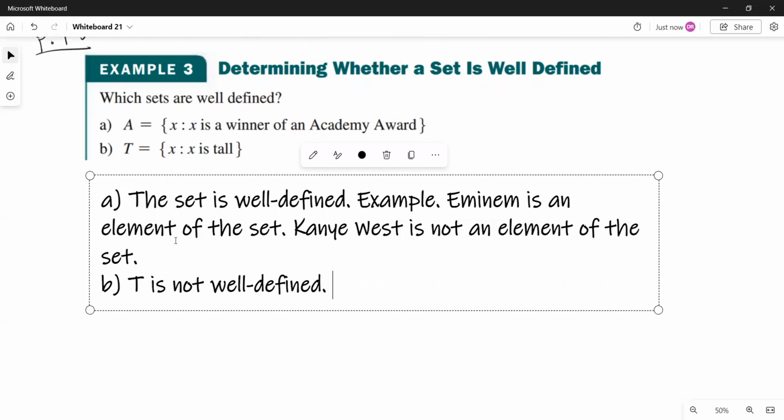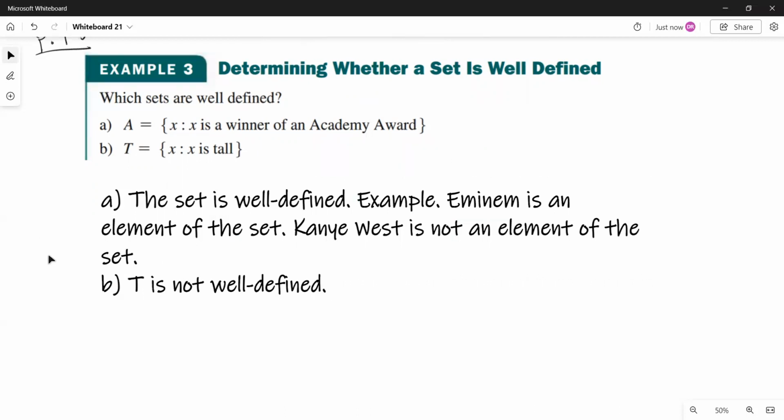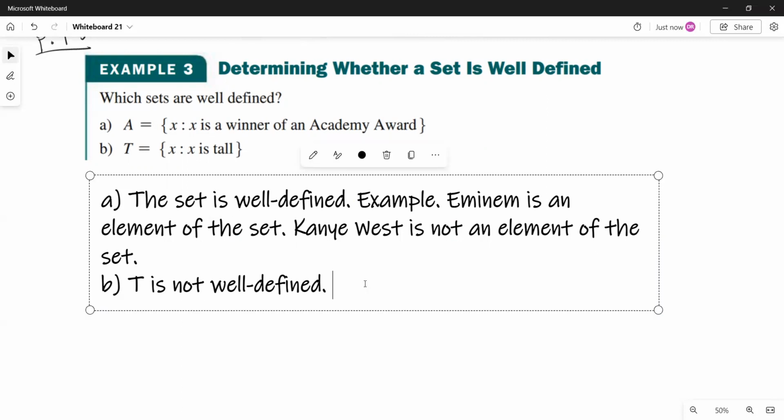It doesn't say clearly. Someone that is 6'2" might be taller than the average American, but if we compare that person with a group of NBA players, the person is not going to look tall. It's going to be shorter than most. So this is not well defined because there is no clear interpretation of tall.